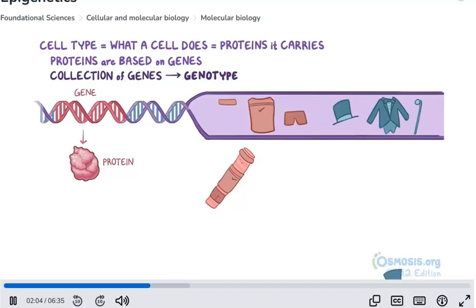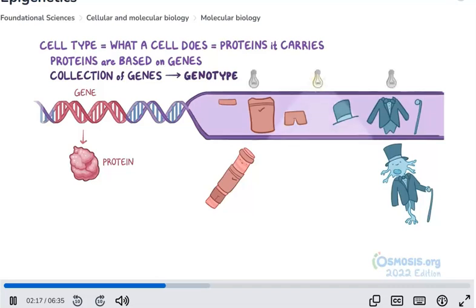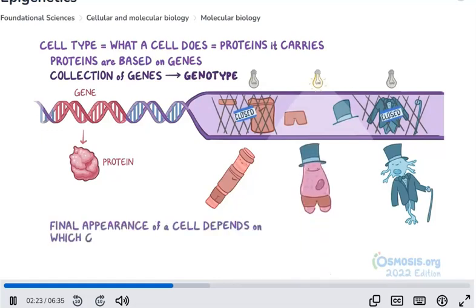Posh neurons, on the other hand, might prefer a tuxedo to tend to their synapses. So the muscle cell needs only certain parts of that wardrobe, and the neuron needs a very different part of that wardrobe. This is achieved through selectively activating or silencing certain genes. The final appearance of how a cell looks depends on which genes are activated, and we call that the phenotype.